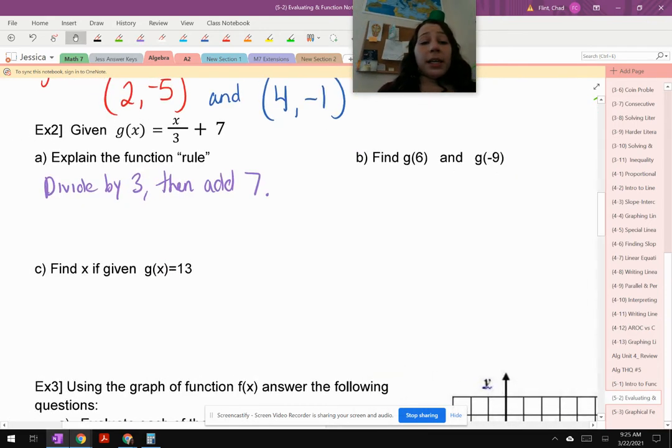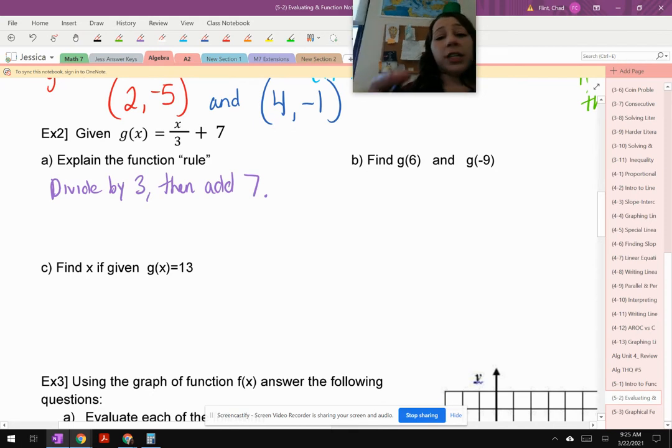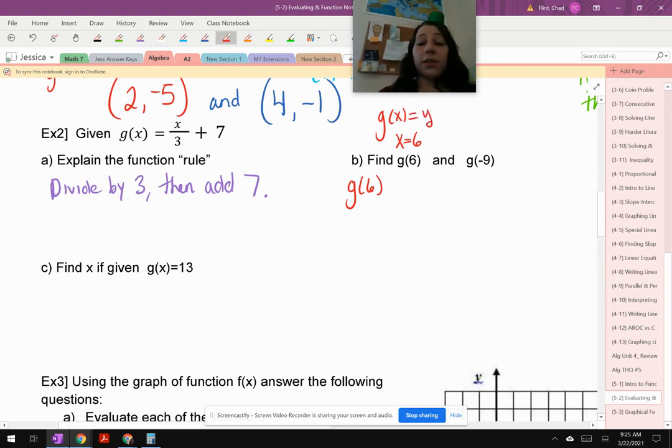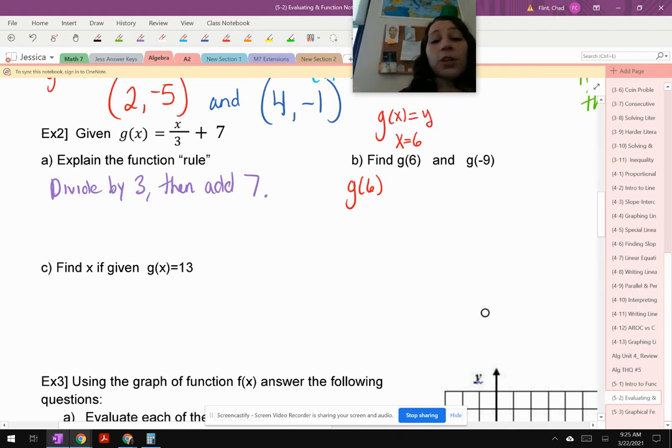So B is asking me to find g of 6. When it says g of 6, that's saying that x is equal to 6. That's g of x is equal to your y value. So they're telling me to plug in 6 for x and do the math.